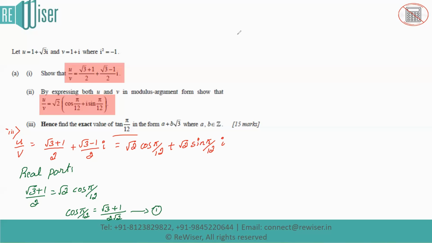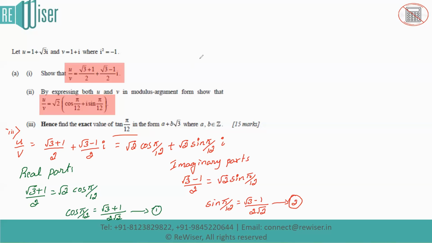And similarly, if I equate the imaginary parts on both the sides, this is going to be square root of 3 minus 1 over 2. Whenever we are equating the imaginary parts, we should never think about writing i. So it's going to be square root of 2 into sine of pi by 12. So sine of pi by 12 is going to be equal to root 3 minus 1 over 2 root 2. Let us call this equation 2.